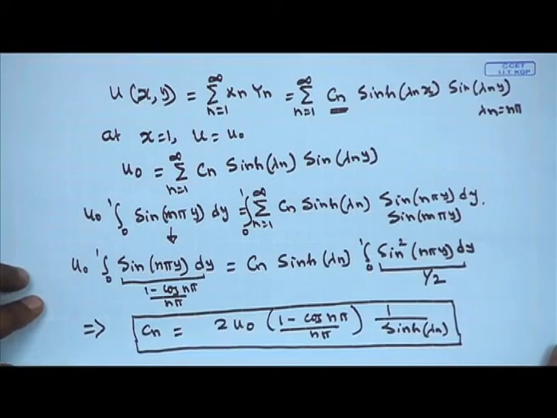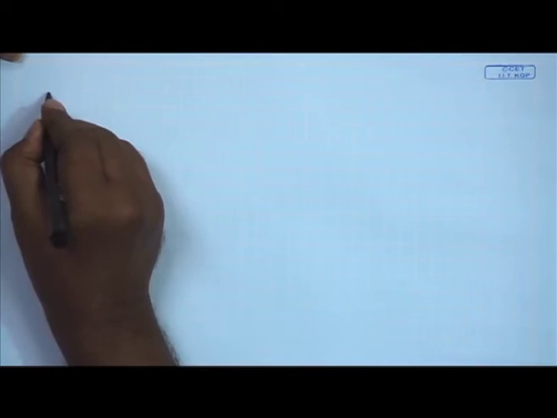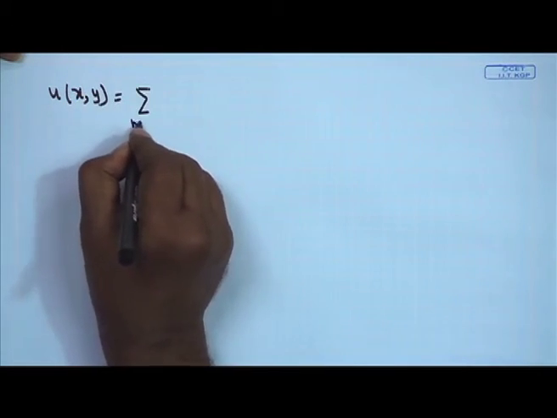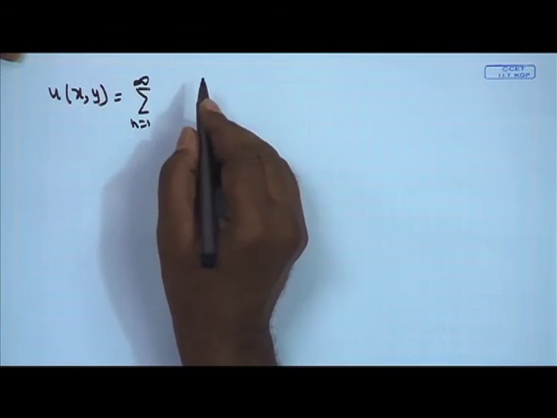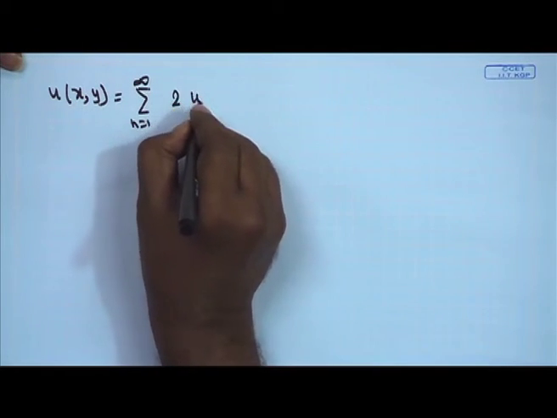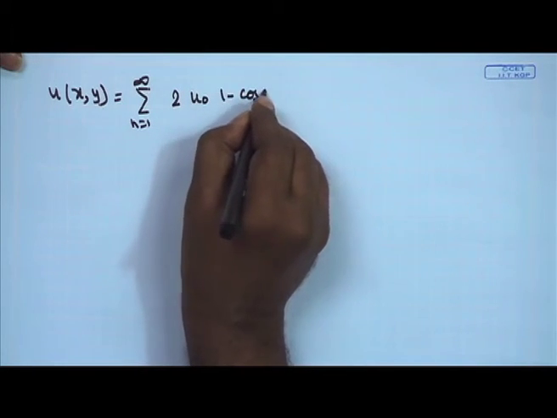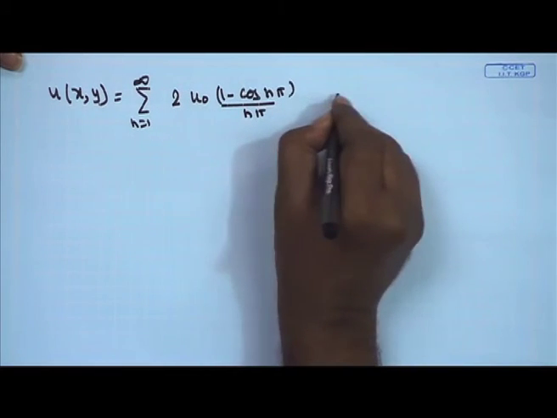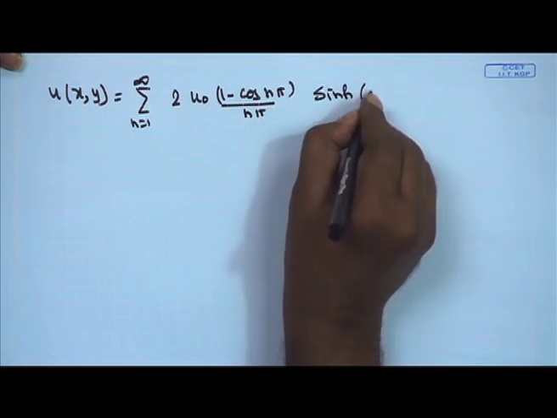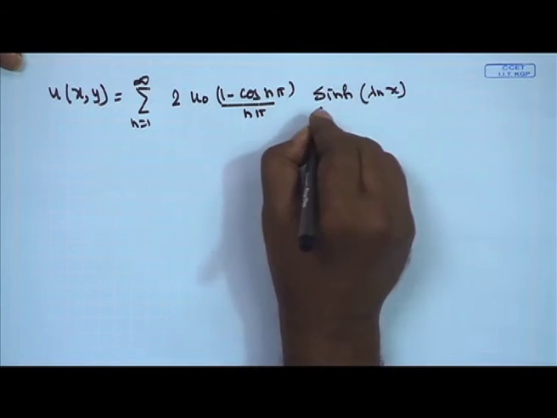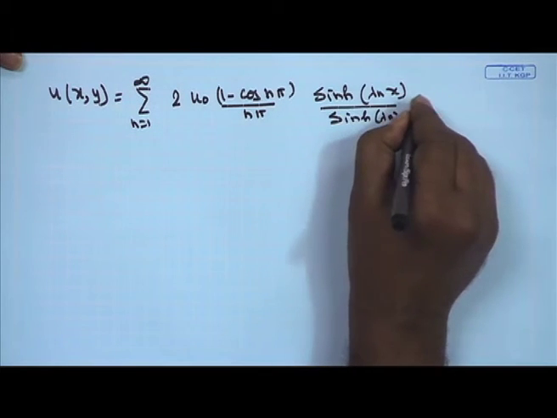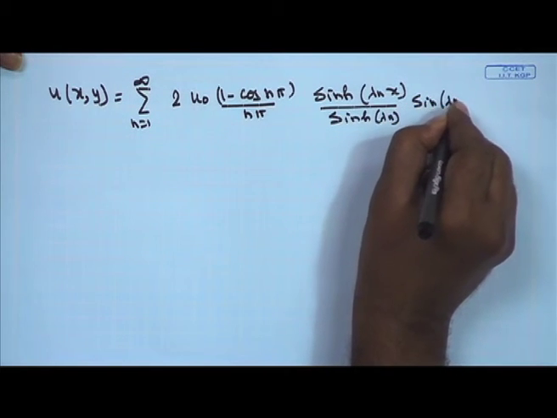Now, we can write down the entire solution in terms of u(x,y). u(x,y) will be the summation of Cn times sinh lambda n x divided by sinh lambda n, times sine lambda n y.